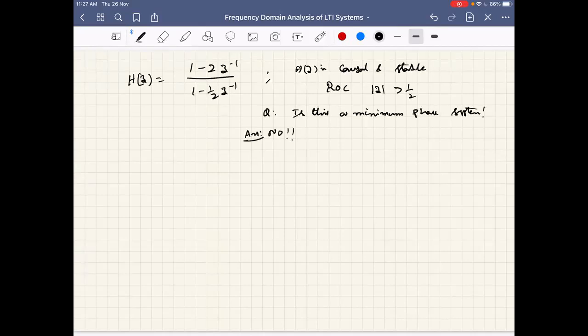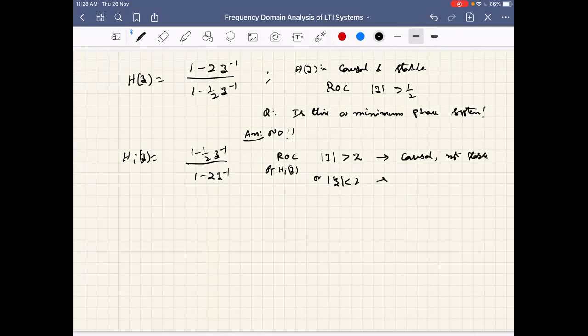Why? The reason is, if I write the inverse hi of z, it is equal to 1 minus half z inverse, 1 minus 2 z inverse. As we have seen before, the possible ROCs for this are mod z greater than 2 or mod z less than 2. In this case it is causal but not stable.